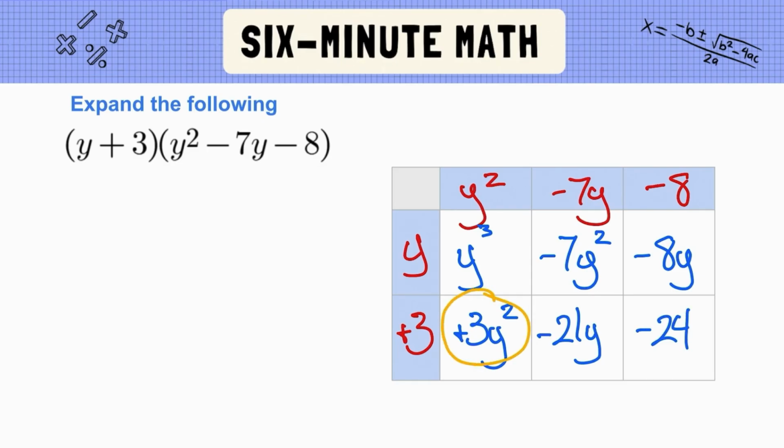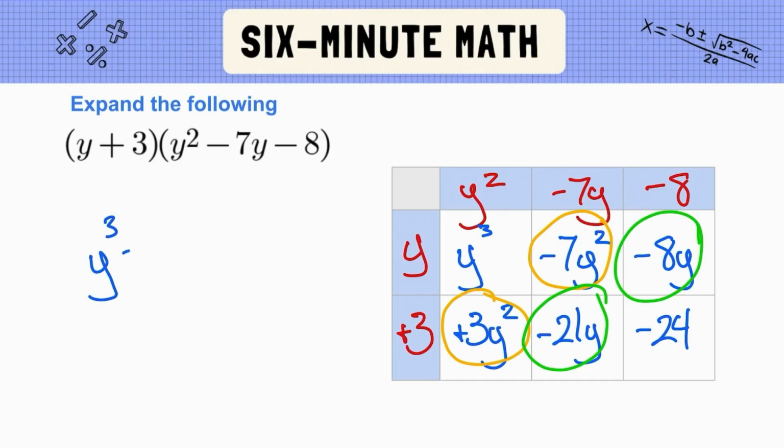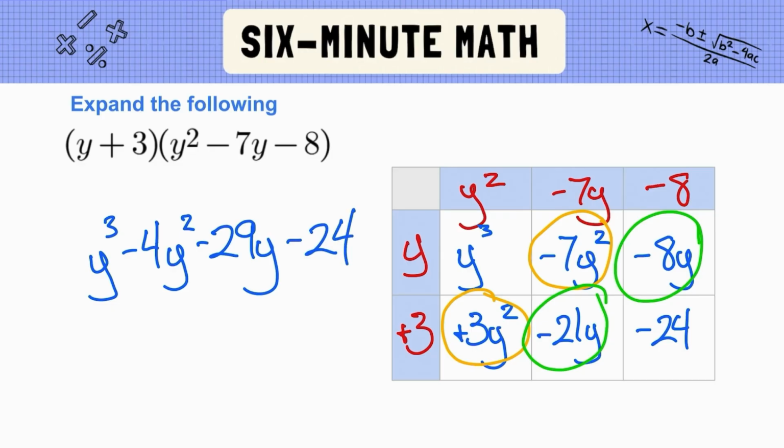I have some like terms I need to combine. So I have a final simplification of y cubed minus 4y squared minus 29y minus 24.